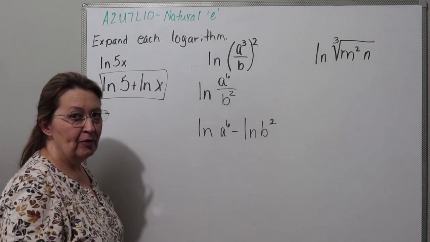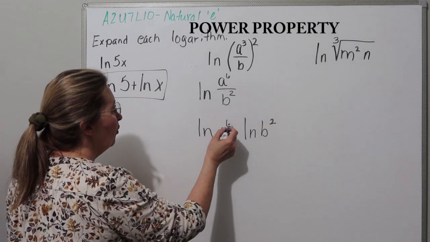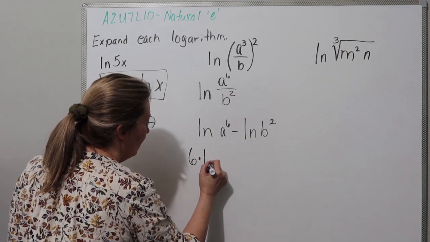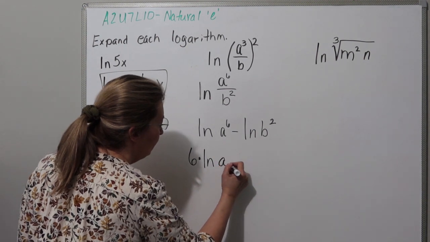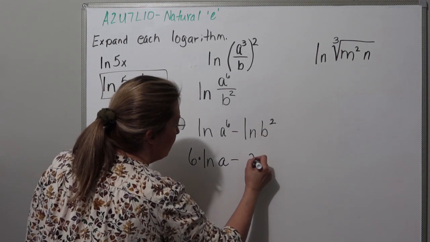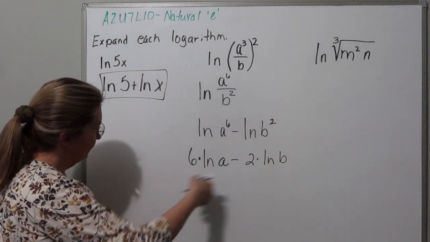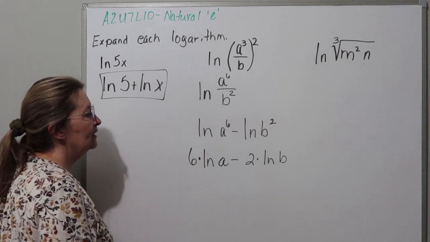Now I can use my power property to expand this even more and bring my exponent in front to be a factor. So I have 6 times ln of a minus 2 times ln of b. That's as expanded as it'll get.